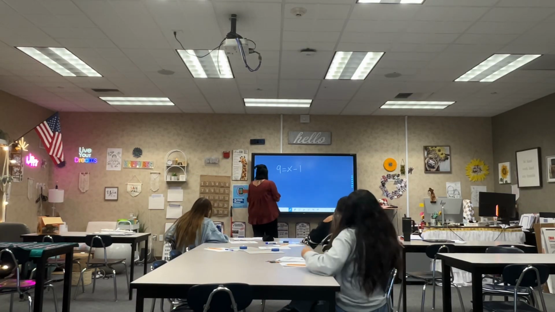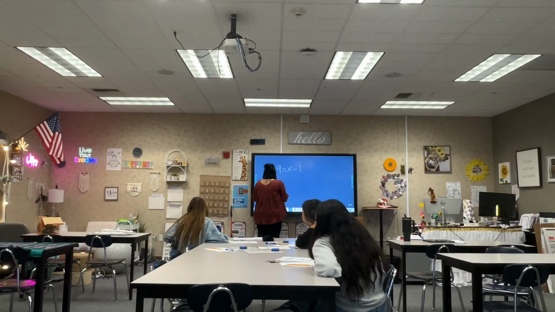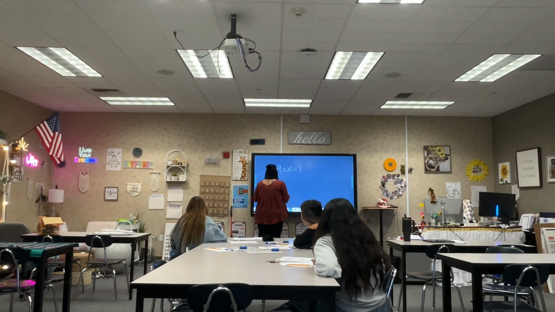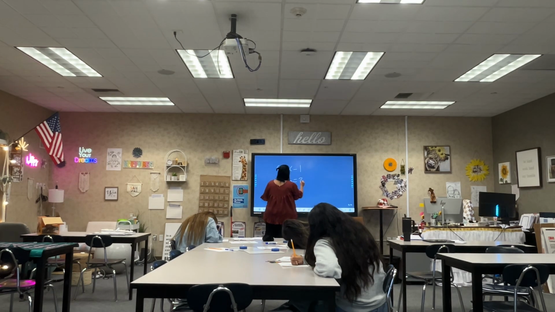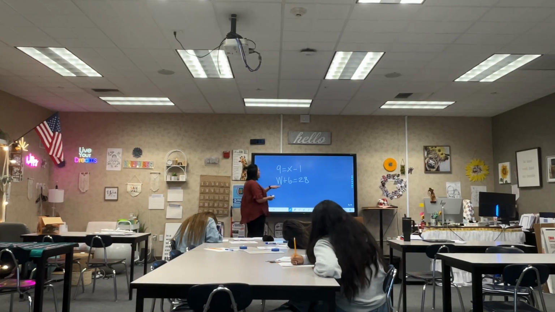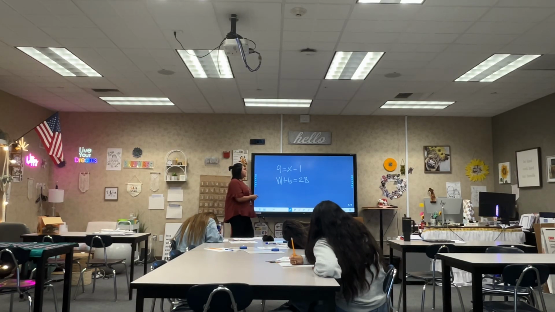Here we go. Let me find a good one. All right. W plus 6 equals 28. Now we haven't used another letter, so what is our variable?